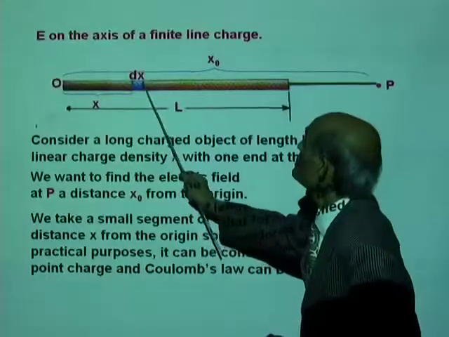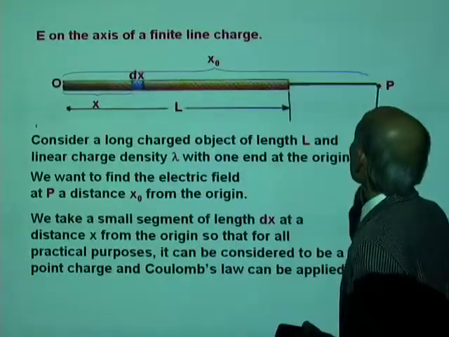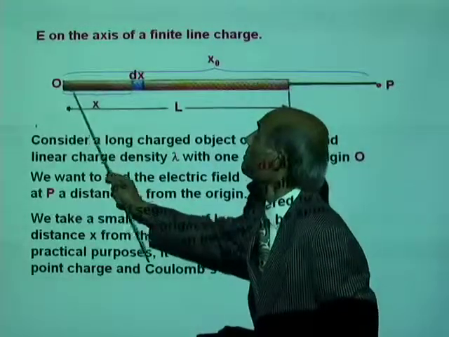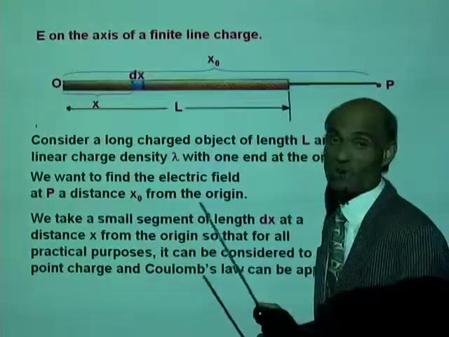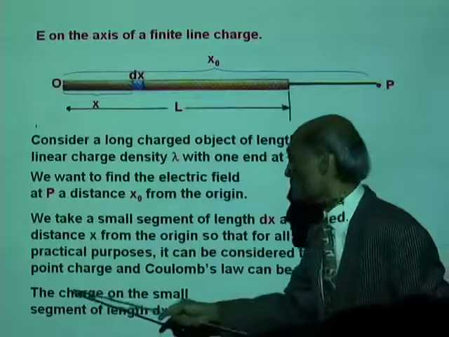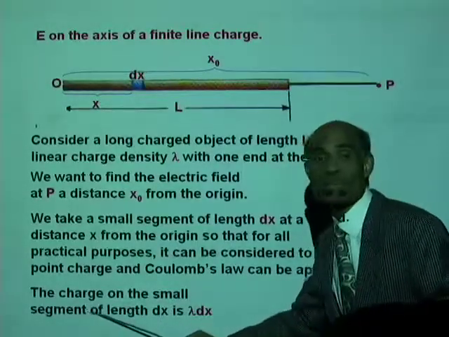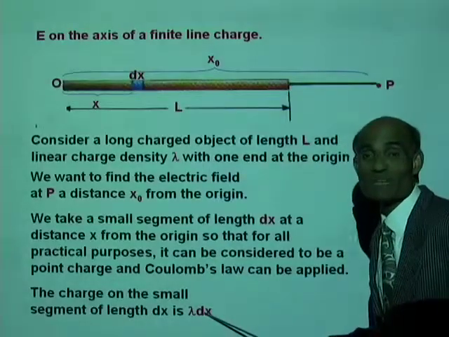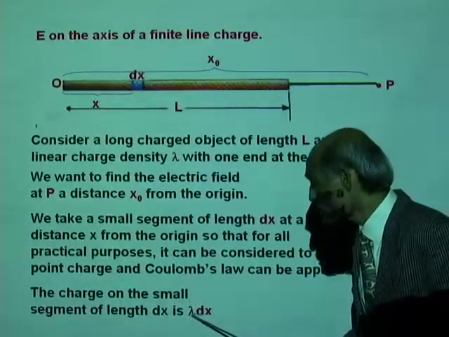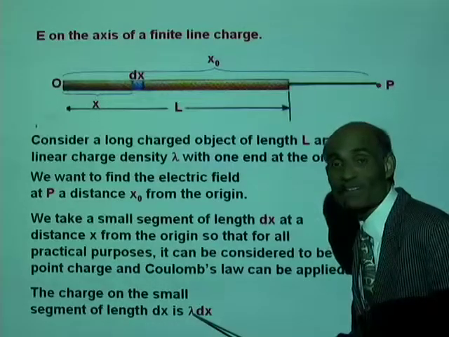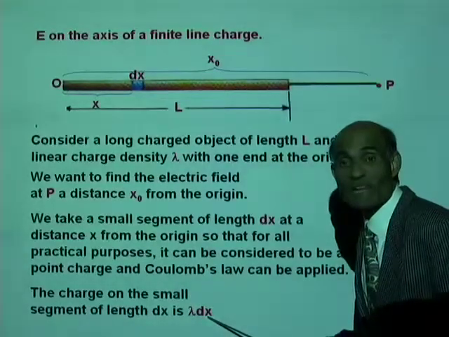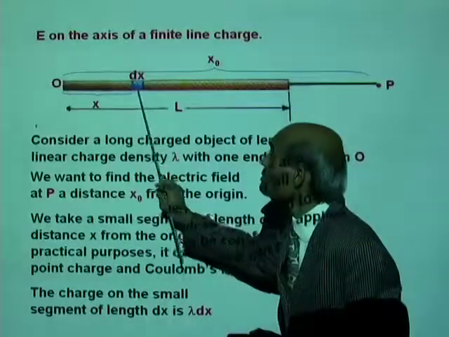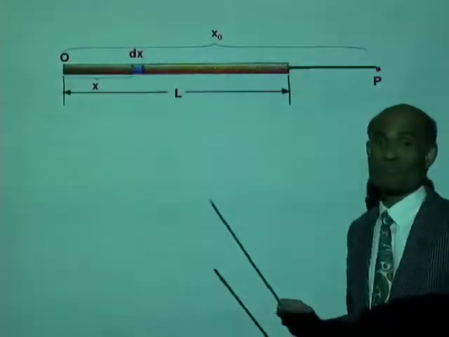And what is the distance of this from P? The distance is x0 minus x. Is that right? Let's write that down. The charge on the small segment of length dx is lambda times dx. You see, lambda is charge per unit length. Multiply that by the length of the segment, you get lambda dx is the amount of charge on that segment.